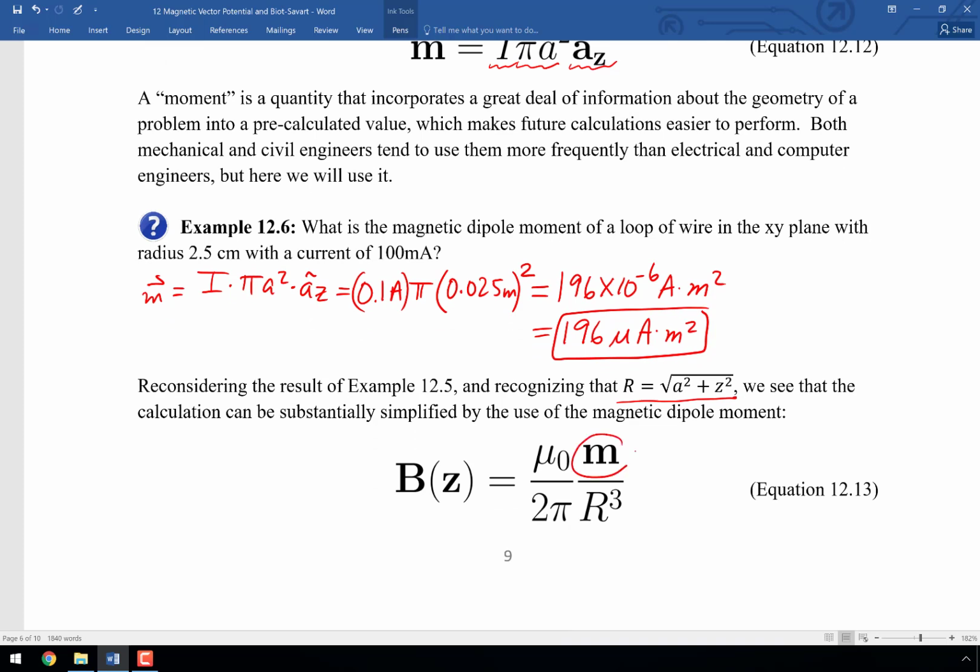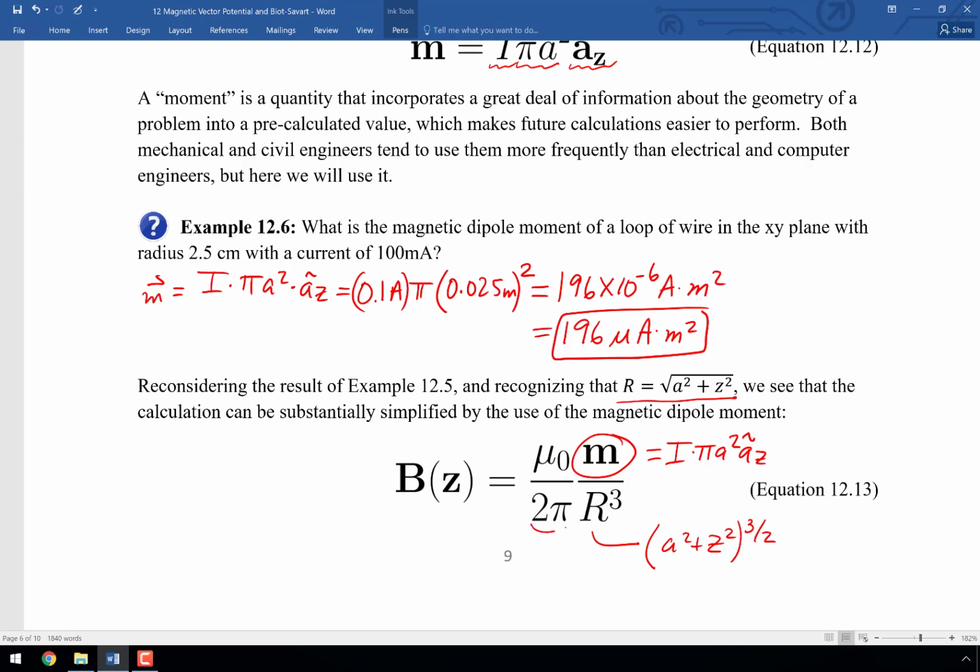So this M, remember, is equal to I times pi a squared, in this case in the a sub z direction. This R is really a squared plus z squared to the 3/2 power.